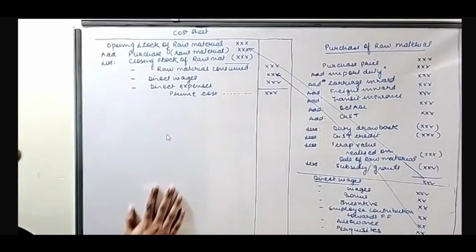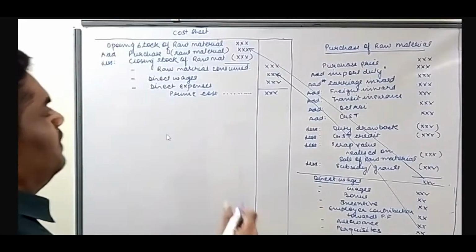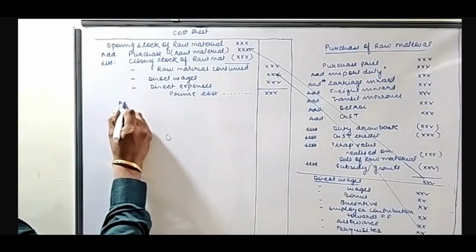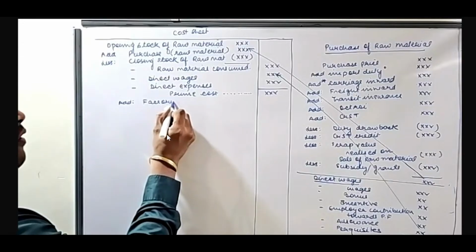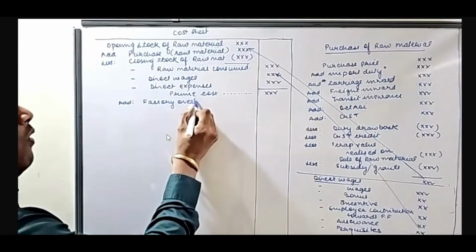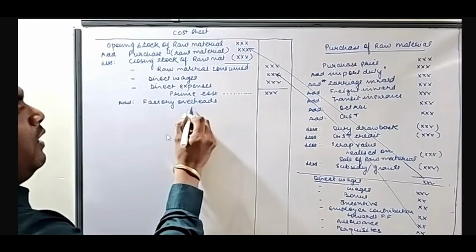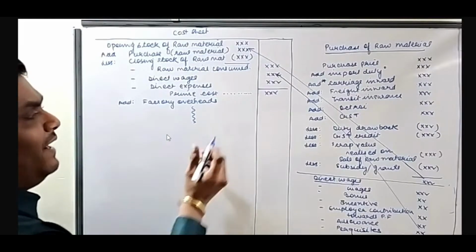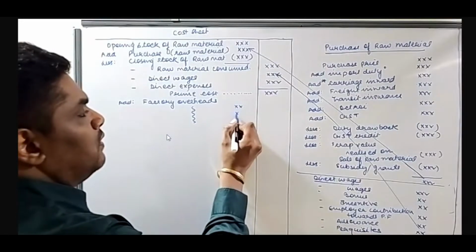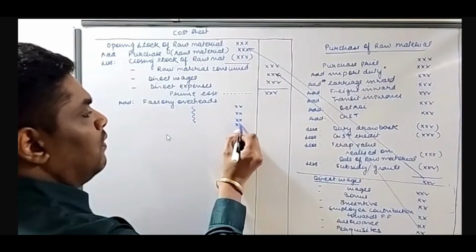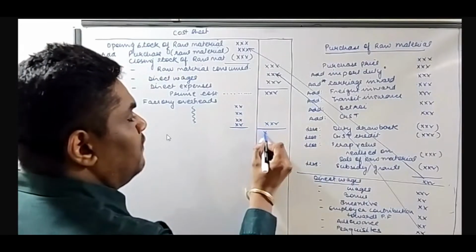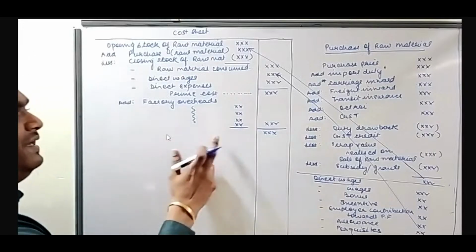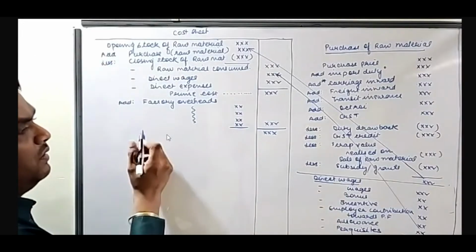Now, after calculating the prime cost, if we add all the factory overheads in the prime cost, we'll get the gross factory cost or gross work cost.